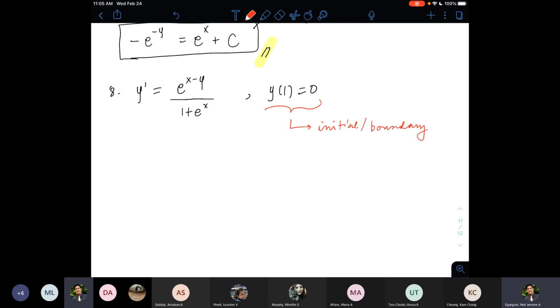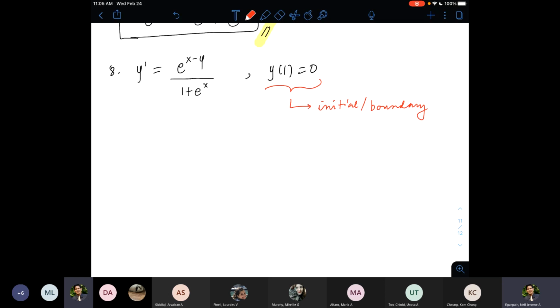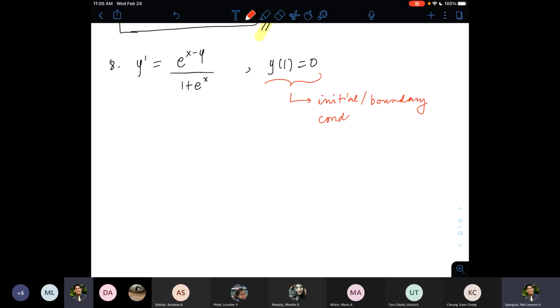Those who will study differential equations later will encounter these terms again. In the presence of an initial or boundary condition, you are implicitly told to look for a particular solution. So you can interpret this to be y is equal to 0 when x is equal to 1.